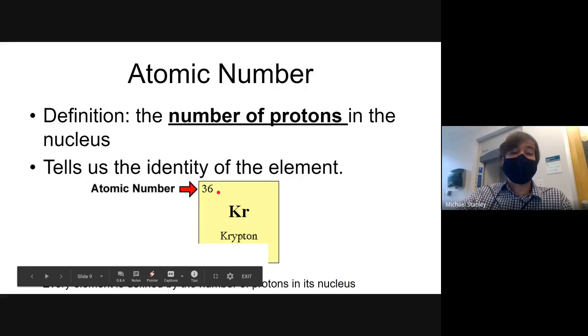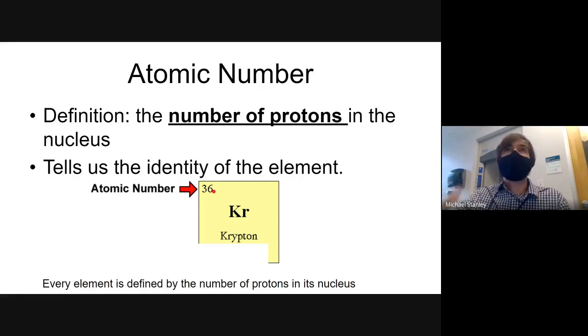So krypton has 36 protons. Helium has an atomic number of 2, so it has 2 protons. Oxygen has an atomic number of 8, so it has 8 protons, and so on and so forth.